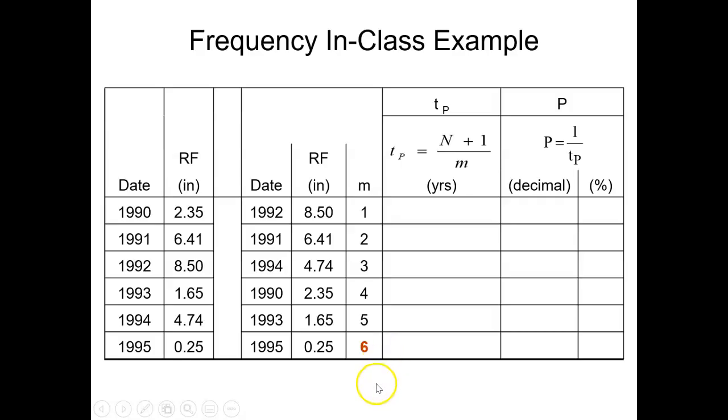So I'll rank those 1 through 6, and then the return period is n+1, so 6 plus 1 is 7, over m, and then the probability is 1 over that, the inverse of that. So the first one, it was 6 years, n+1 is 7, over m of 1 is 7. So that's a 7-year return period, based on just 6 years of data. And then the inverse of that is 0.14, or a 14.3% chance that you'll have one that big or bigger during any year.